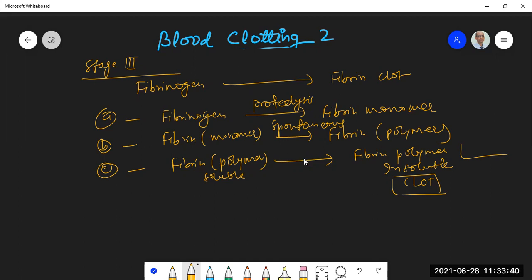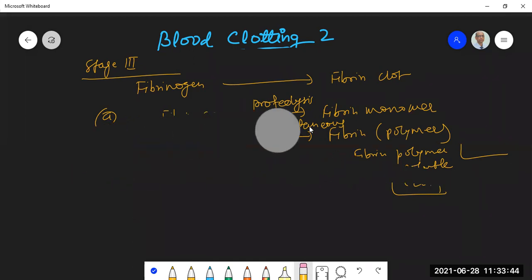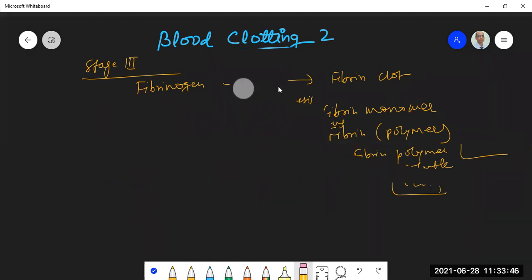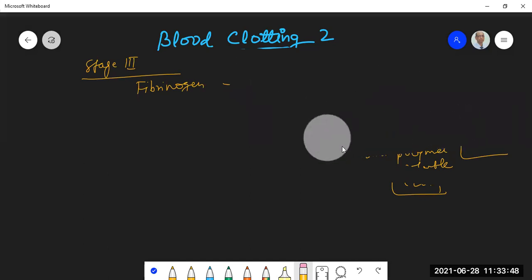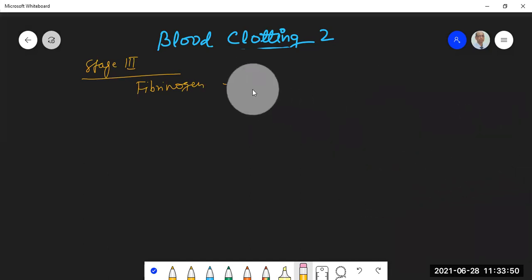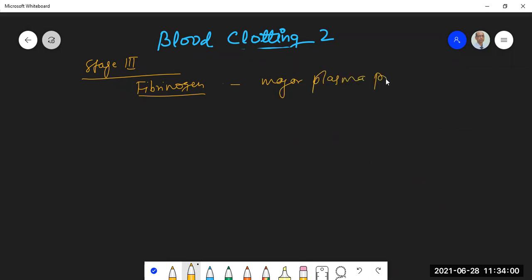Right. So let us see something about fibrinogen in the first place. Okay, what is fibrinogen? Fibrinogen is a major plasma protein. So when we discussed composition of plasma, we found out that there are 3 types of proteins: albumin, then globulin, and the third one is fibrinogen.